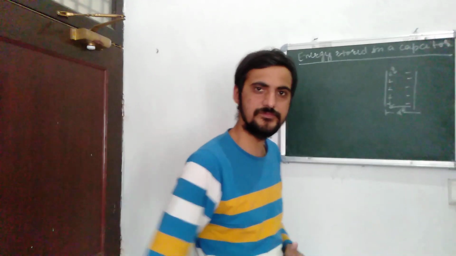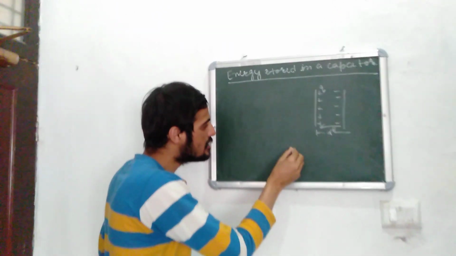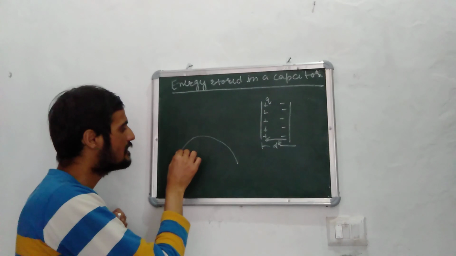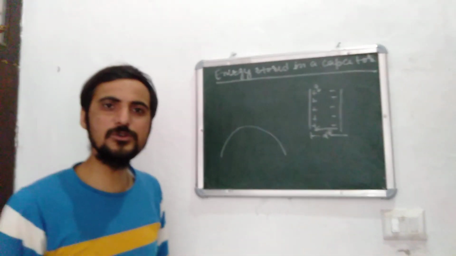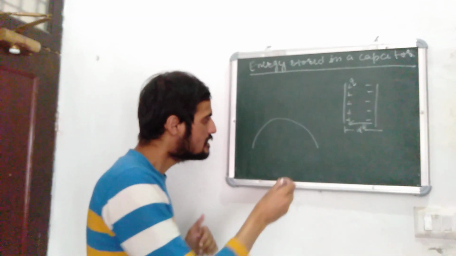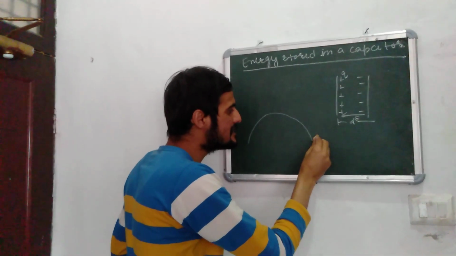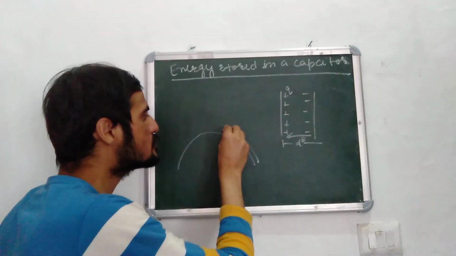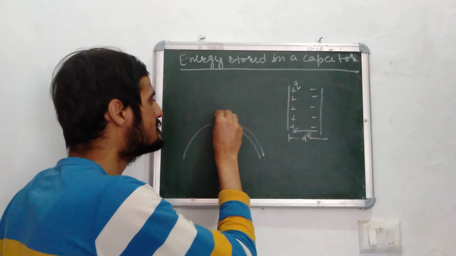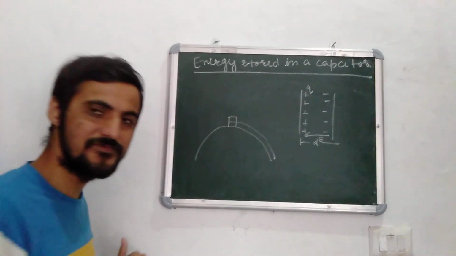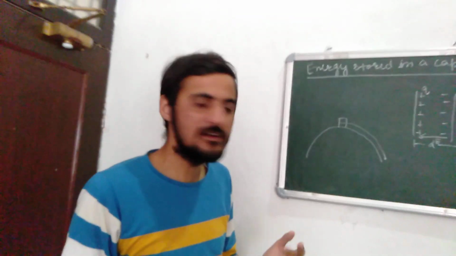We take an example. This is a mountain, or a roller coaster. If a person goes to the peak, the highest place of this mountain, what will he do?